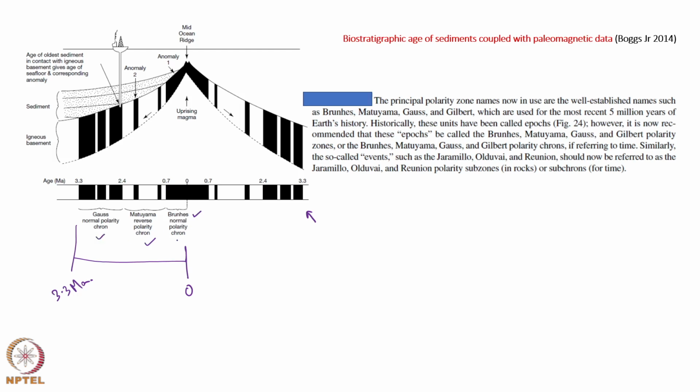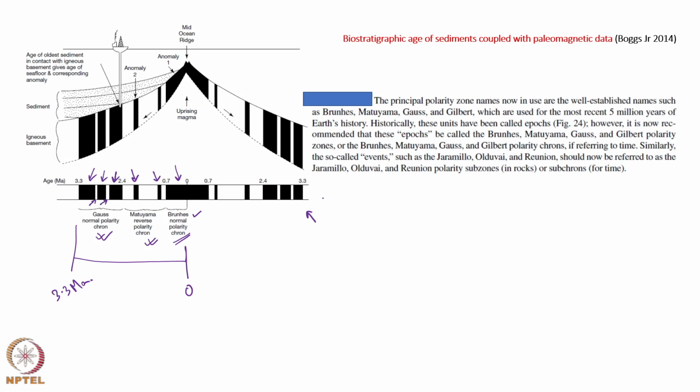Note that in the Brunhes normal polarity chron, as per this diagram, there is no reverse polarity inside, whereas in the Matuyama reverse polarity chron there are a few normal polarity chrons, and in the Gauss normal polarity chron there are thicker normal polarity zones and thinner reverse polarity zones.